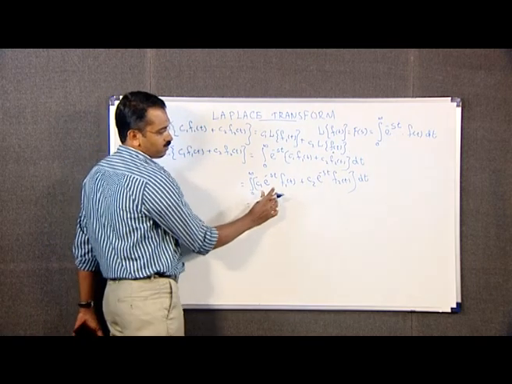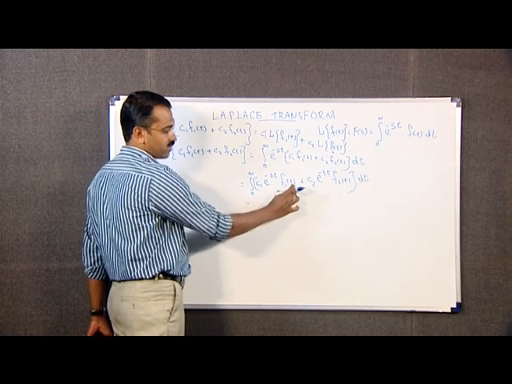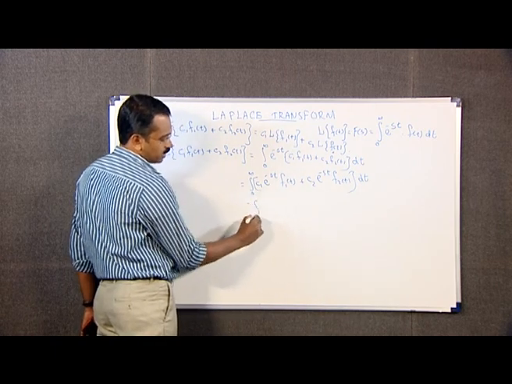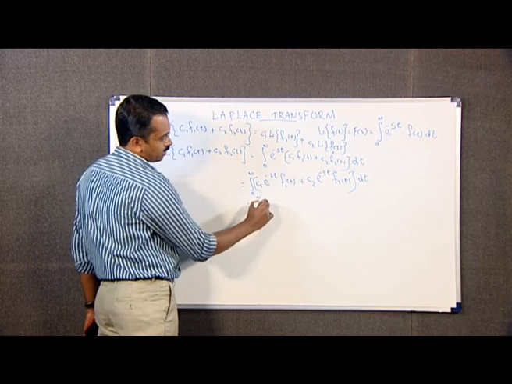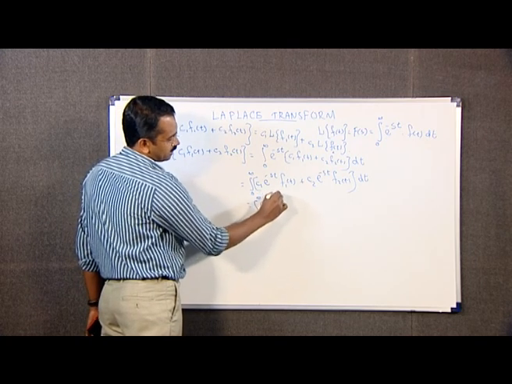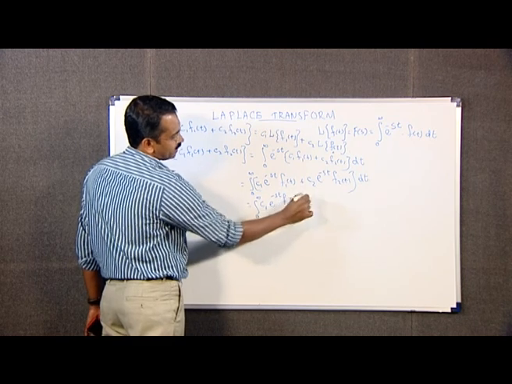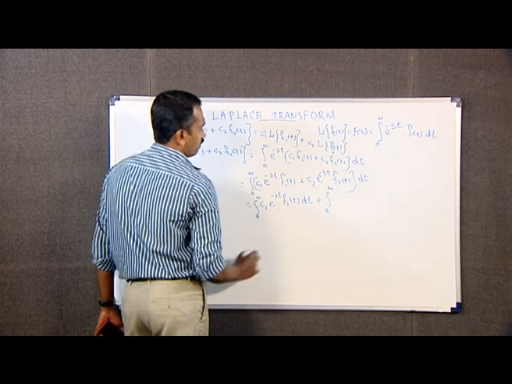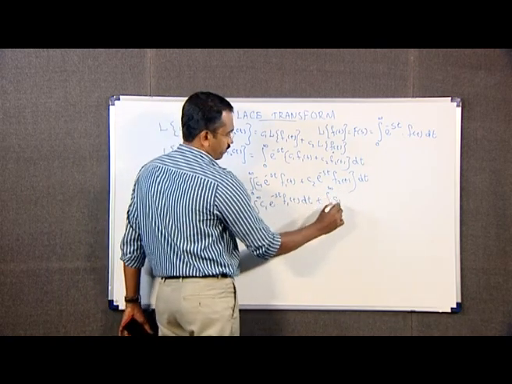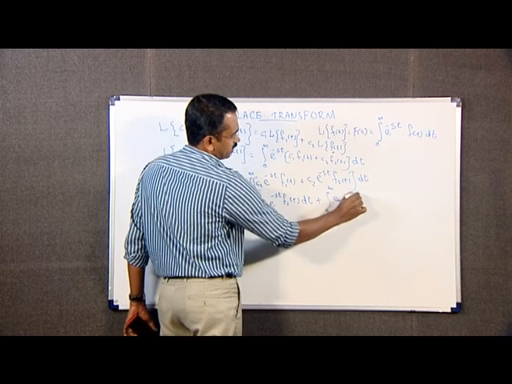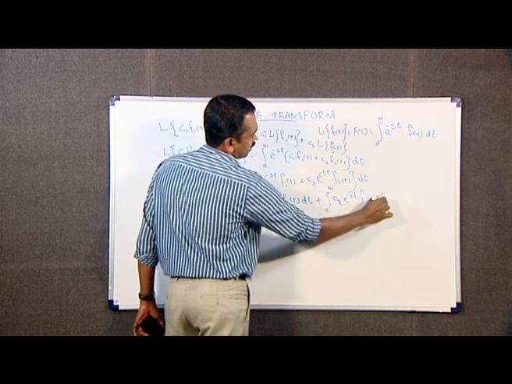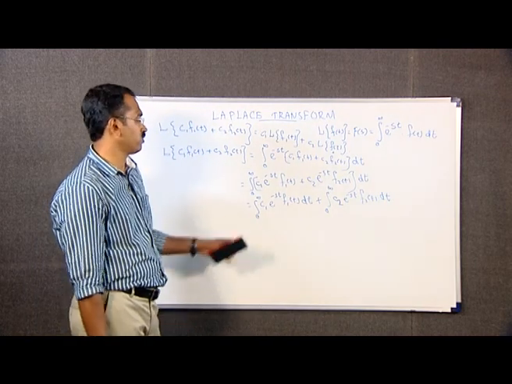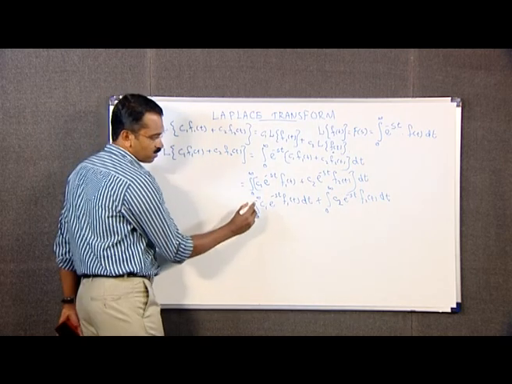Now, we can split this single integral into two, which is equal to integral from 0 to infinity c1 into e raised to minus st f1 of t dt plus integral from 0 to infinity c2 into e raised to minus st f2 of t dt, which is the splitting property of definite integrals.